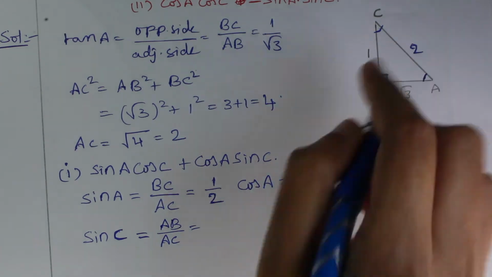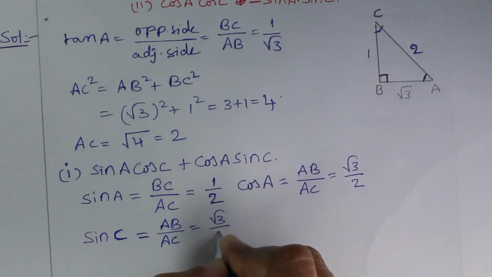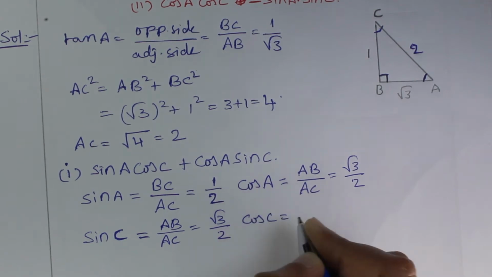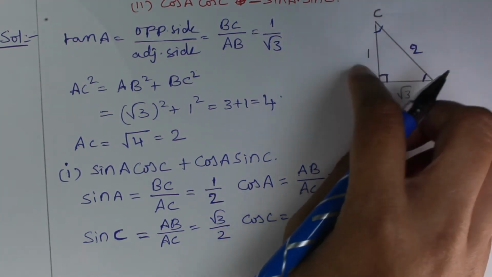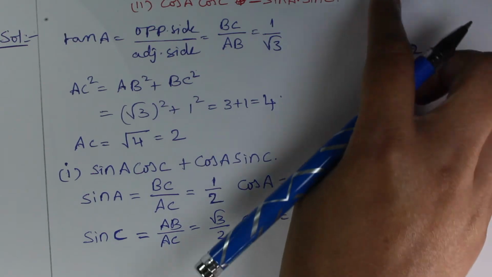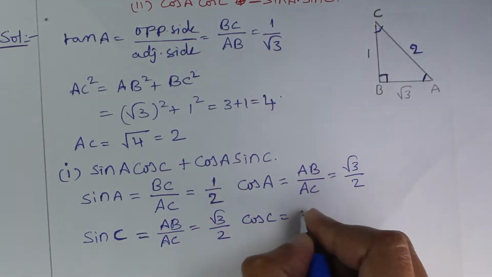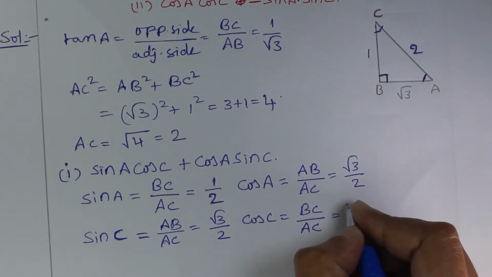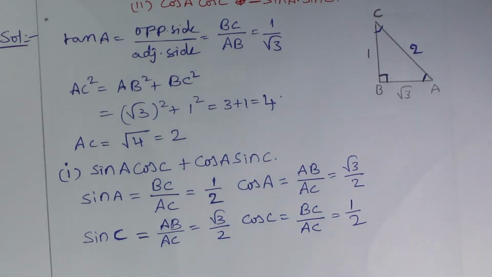That is equal to root 3 divided by 2. What is cos C? Cos C is equal to adjacent side by hypotenuse, that is BC divided by AC. That is equal to 1 by 2. Okay, now we got all the values.